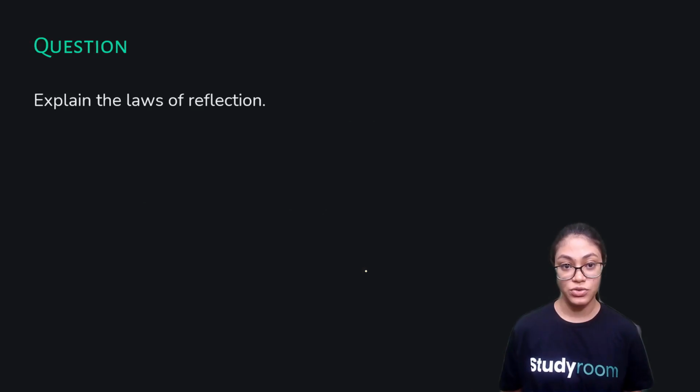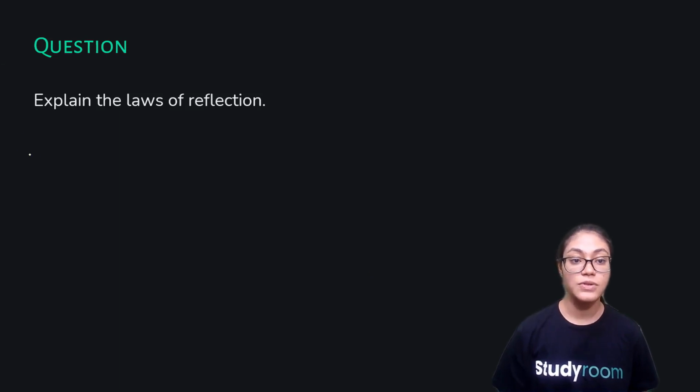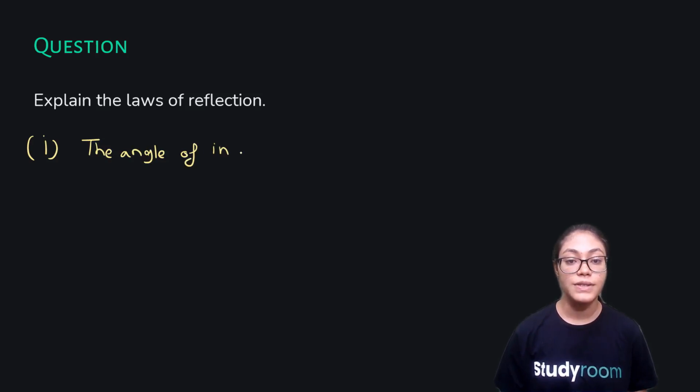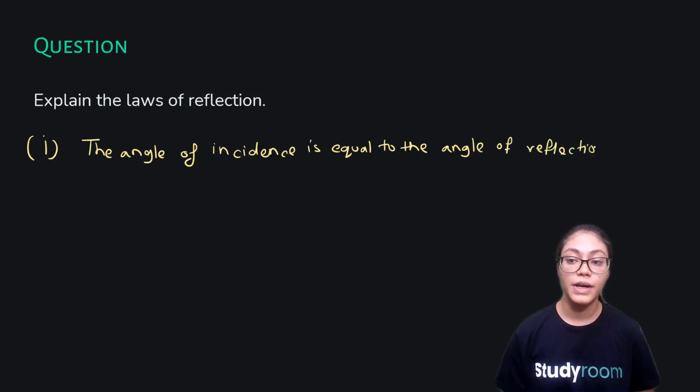Now let's answer this question. Explain the laws of reflection. We already saw that the first law of reflection is that the angle of incidence is equal to the angle of reflection. Correct? Then what was the second law? Yes.